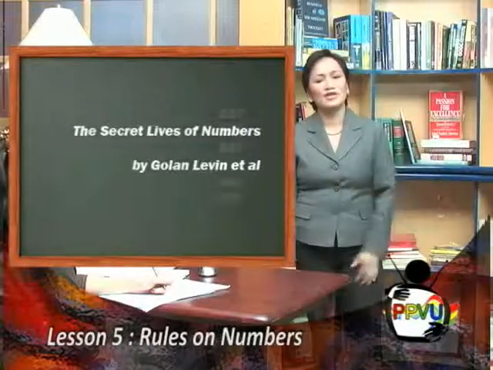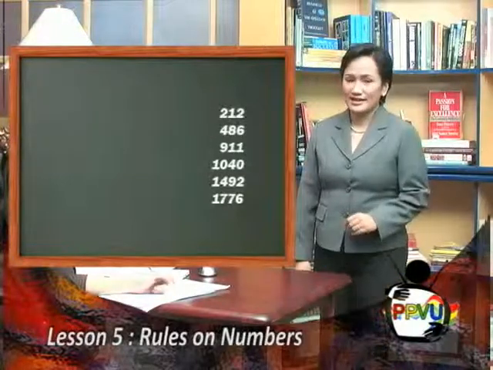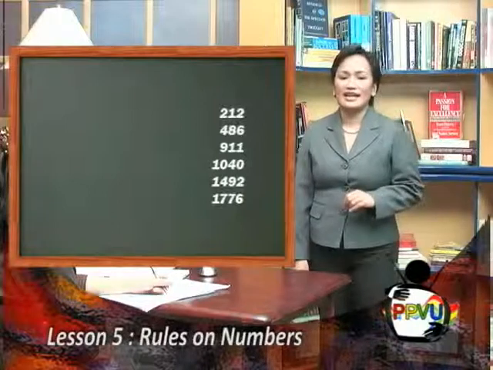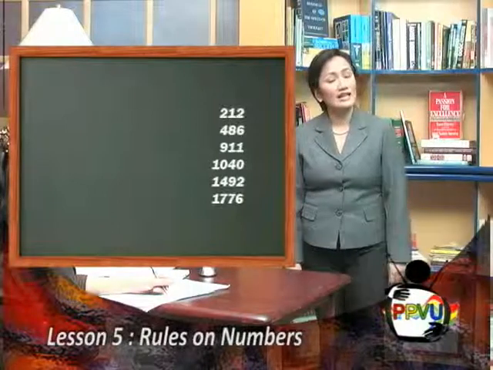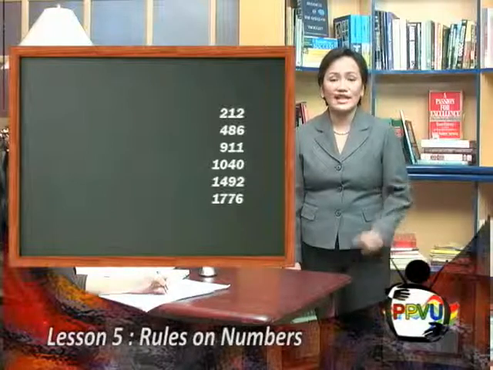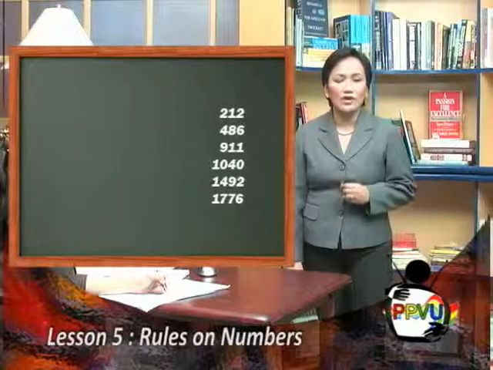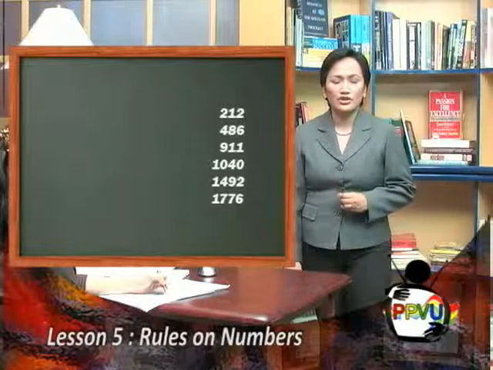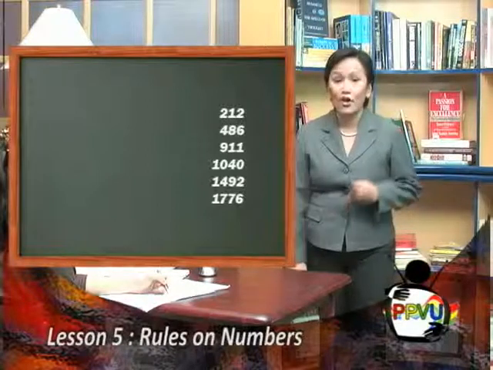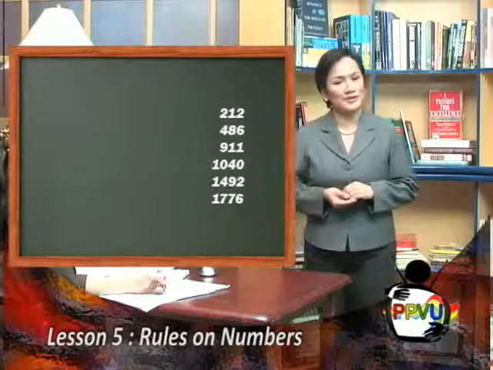For example, certain numbers such as 212, 486, 911, 1040, 4092, 1776 occur more frequently than their neighbors because they are used to dominate the phone numbers, computer chips, famous dates, or progress that figure prominently in our cultures.